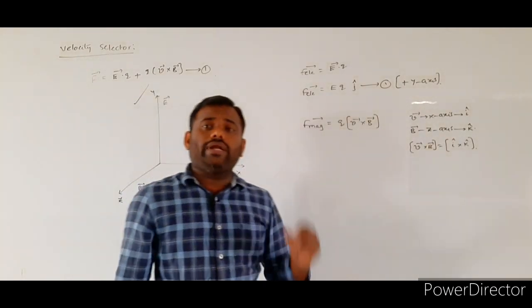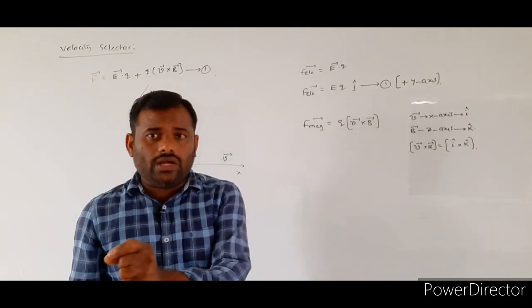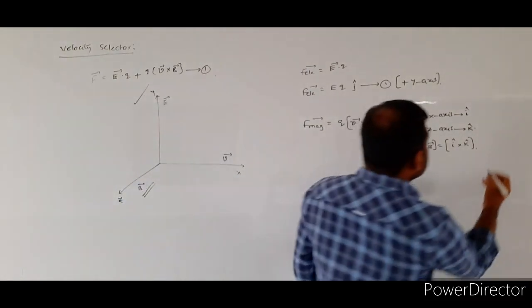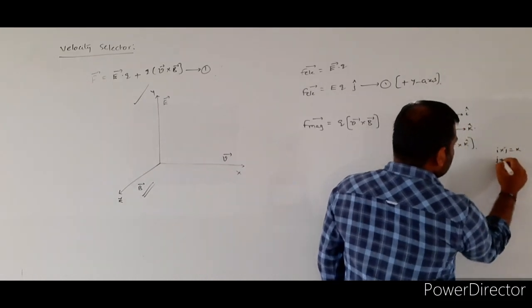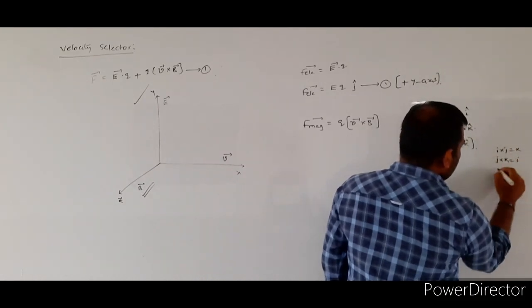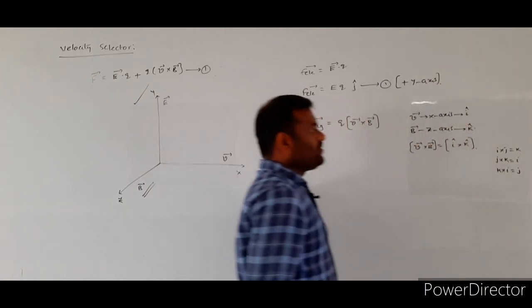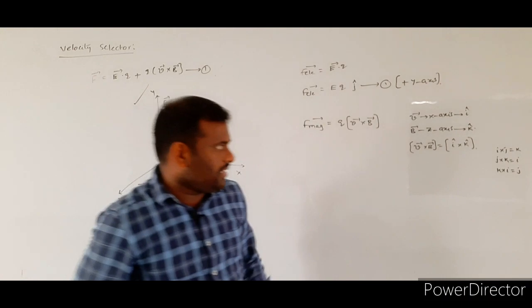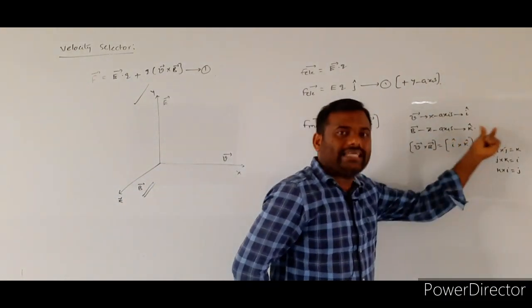In the cross product we know well that I cap cross J cap is equal to K cap, J cross K is equal to I, and K cross I is equal to J. But here we have I cap cross K cap.